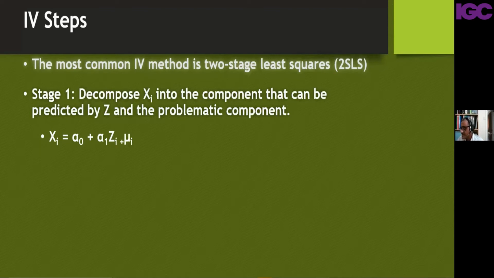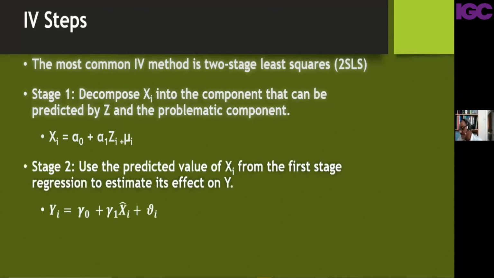In the first stage, we regress x on z. That is, we decompose x into two components, one that can be predicted by z, and the balance is the problematic component.